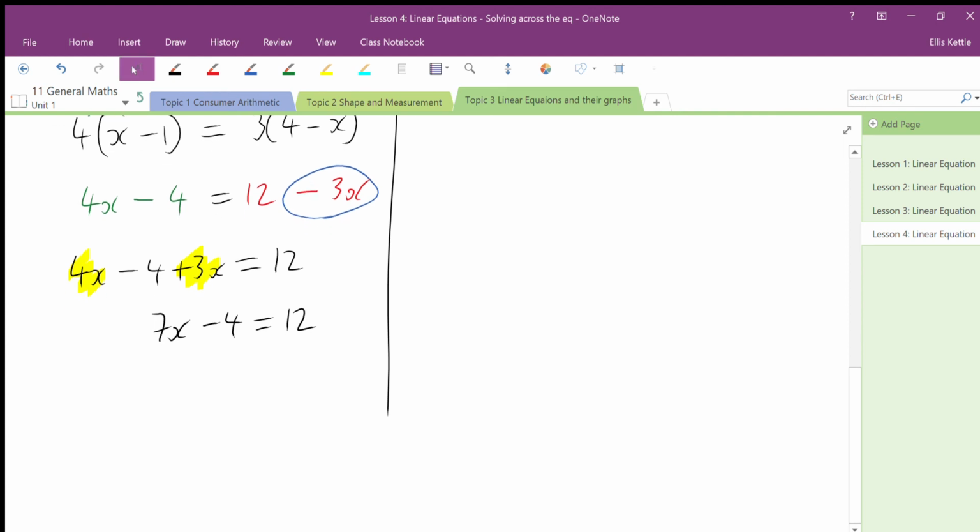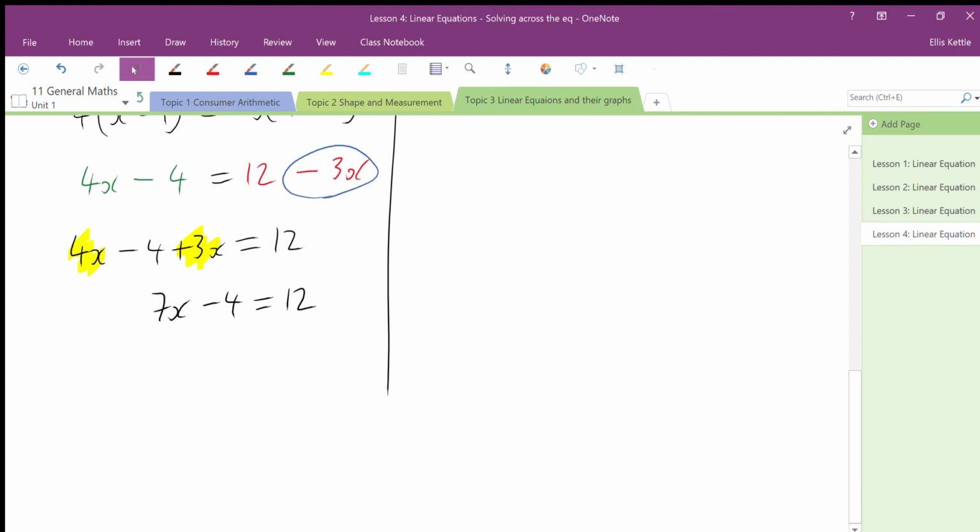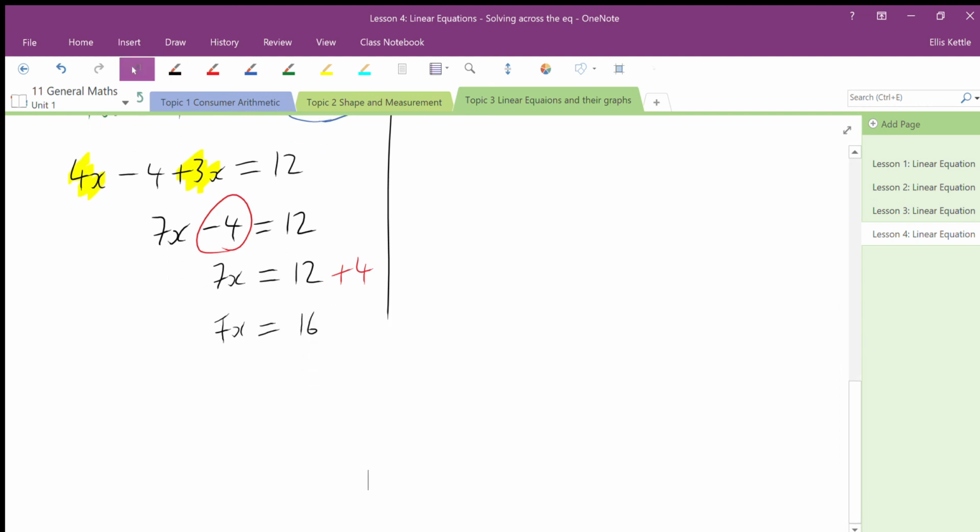Alrighty, from there, what do I need to do? Gotta add 4 to both sides, so it's going to give me 7x equals 12 plus 4, 7x is equal to 16, and that means x is equal to 16 over 7.